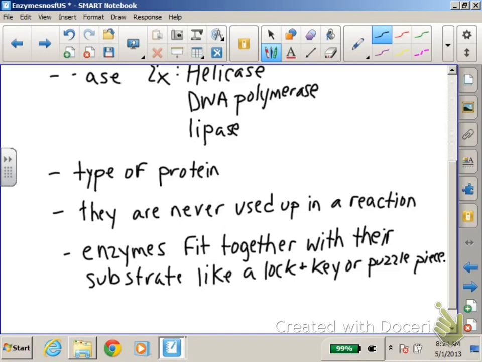And so when I say that they are never used up in a reaction, they're just like a key to start your car. We use the same key every day to start a car. That's the way an enzyme works.